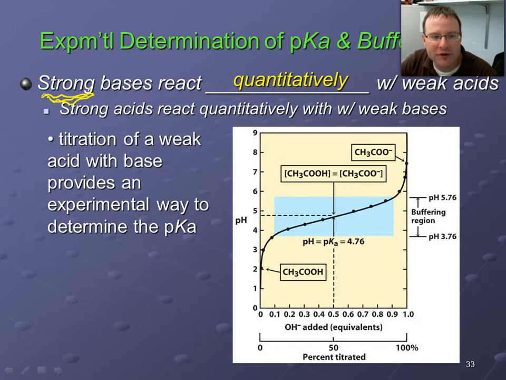But if you do a titration of the reaction of a strong base with a weak acid, you get a very interesting phenomenon. And for those of you that took Gen Chem lab at Valpo, you all did an experiment where you measured the pH of a system that had a weak acid in it as a function of added hydroxide.